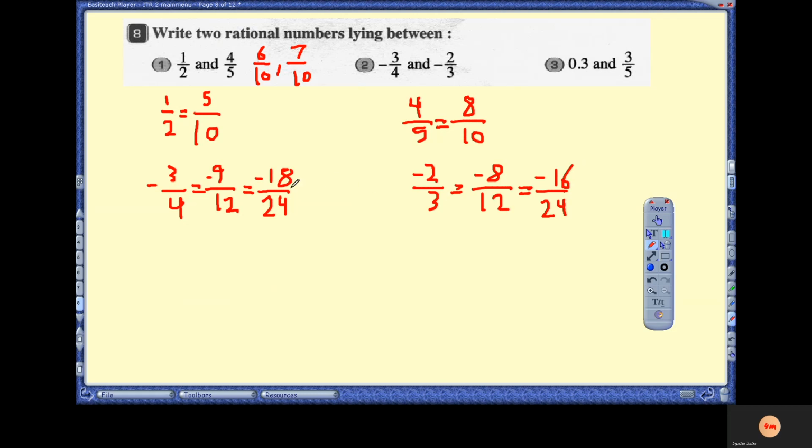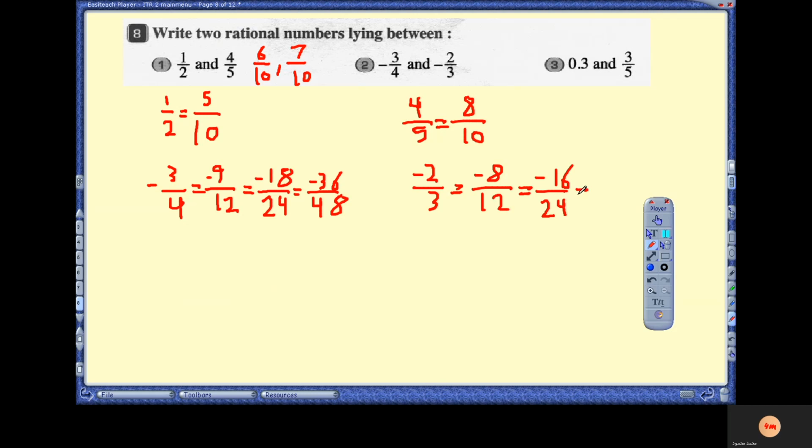1 only between negative 17 over 24. So you need to multiply also by 2. So here it will be 48. Here negative 36.